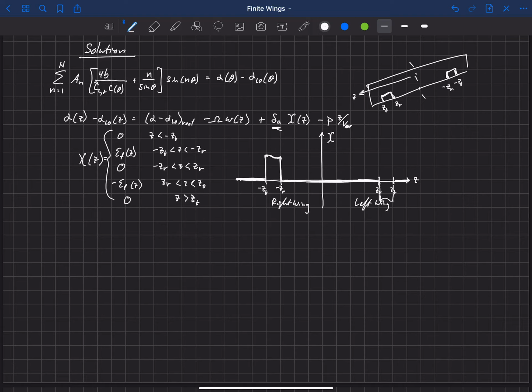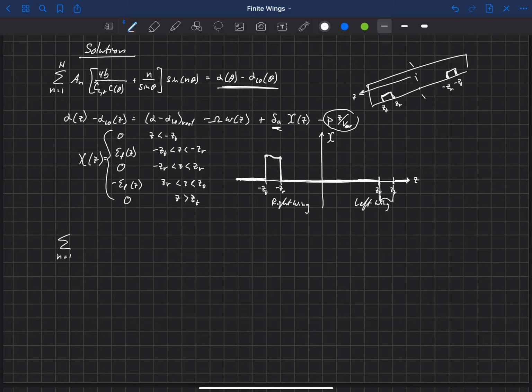Okay, so with this, and the fact that this is just a linear term out here, we can actually write this alpha minus alpha L0 in terms of theta instead, just by doing a change of variables. And so what we'll get is this equation up here.